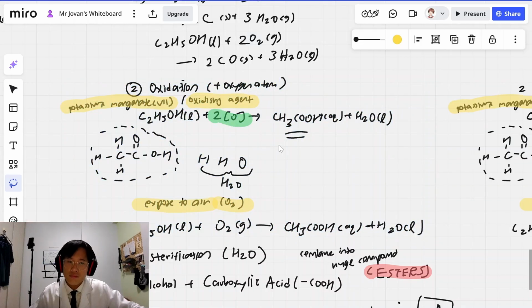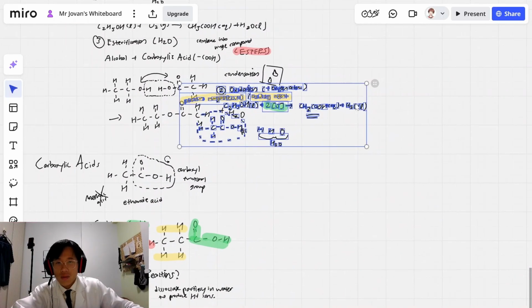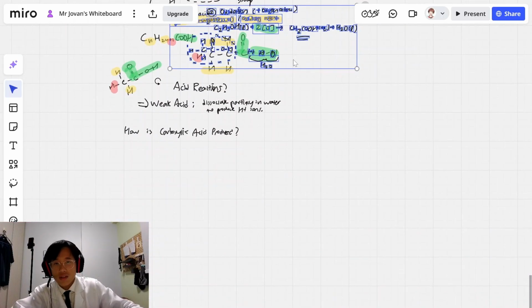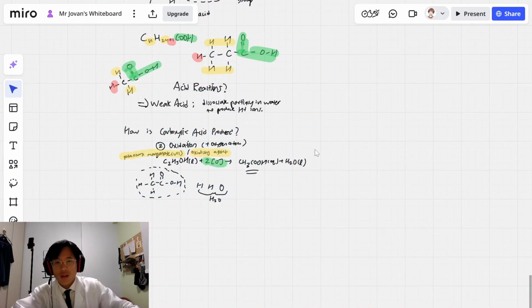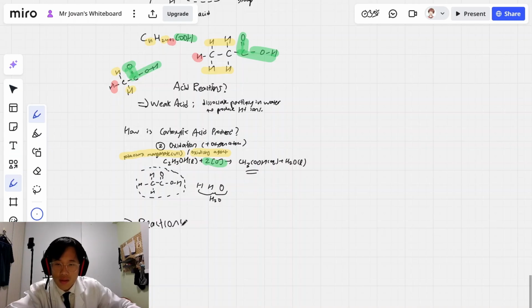We already know how carboxylic acid is produced because everything is linked. We learned it in alcohols already. Carboxylic acid is produced through oxidation. Now that we know that carboxylic acid is a weak acid, we can already know that it will go through the same reactions as a salt and base.